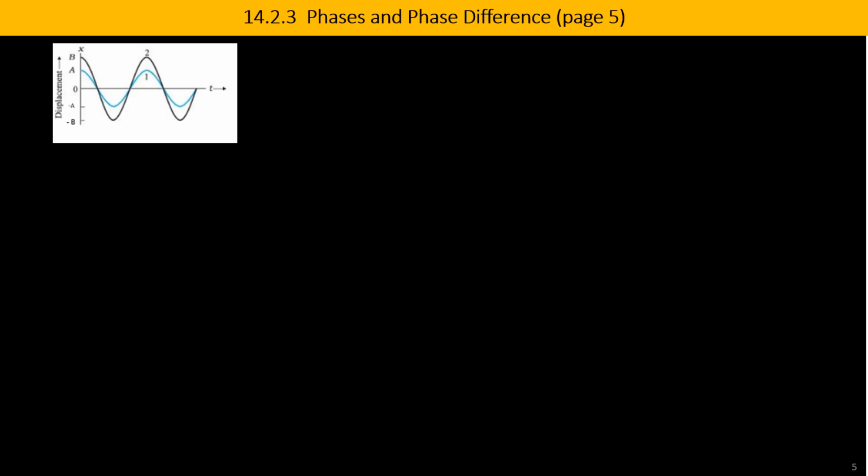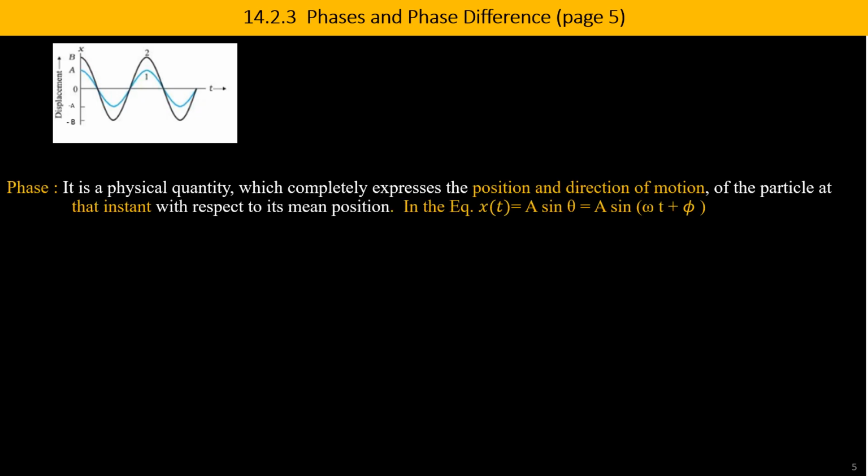This time dependent quantity, omega t plus phi, is called the phase of the motion. Let us repeat it. Phase is a physical quantity which completely expresses the position and direction of motion of the particle at any instant with respect to its mean position.